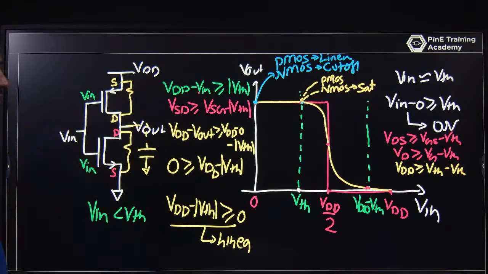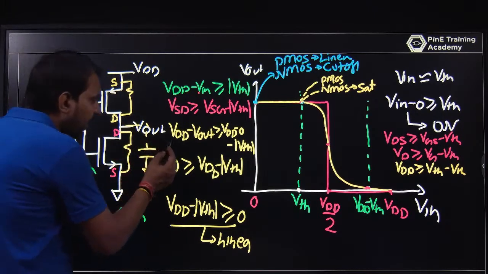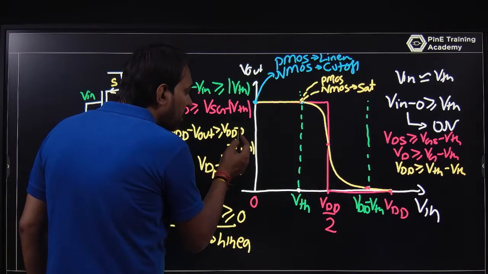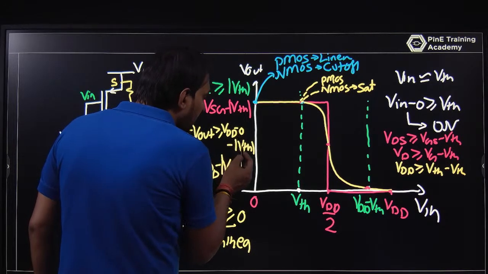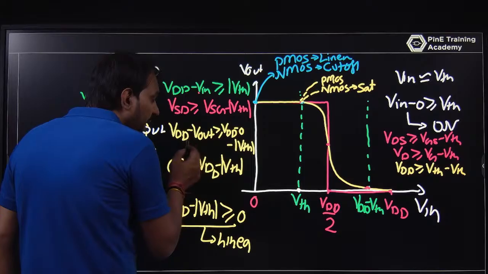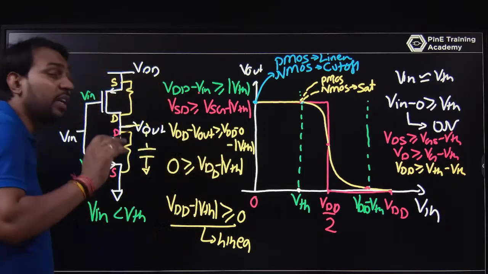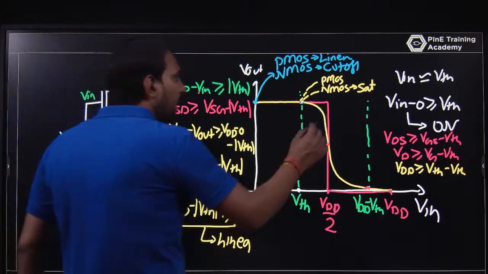If PMOS is on, check whether the MOSFET is in saturation or linear: put VDD minus Vout greater than or equal to VDD minus VTH minus mod VTH. Here the gate voltage is not 0, it is VTH. So VDD minus Vout, with Vout equal to VDD, gives 0 greater than or equal to VDD. It is not true. That means this condition is linear. So the PMOS is here in linear.